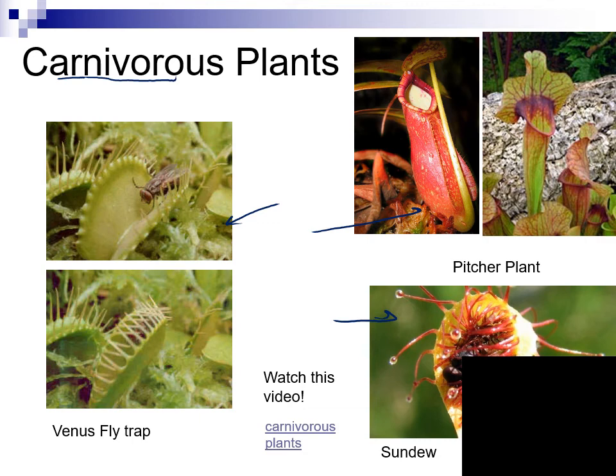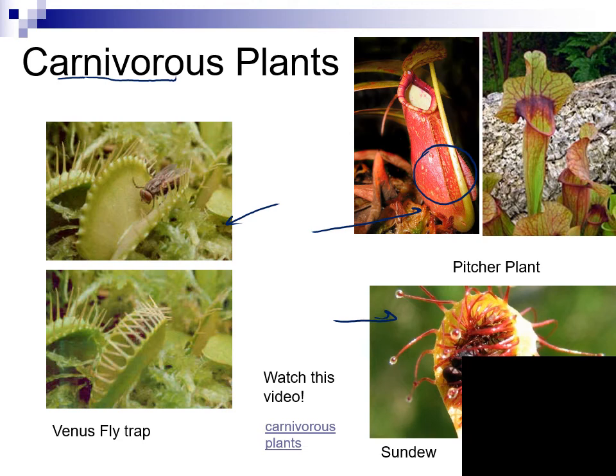So if a fly walks across a Venus flytrap leaf, it's going to close up, produce enzymes, break it down, use the minerals, and put the rest back into the soil. In a pitcher plant, down in the bottom here, this is just an adapted leaf. There's a lot of enzymes. It smells good to flies and so forth, so they crawl in there and then they get stuck in those enzymes and get digested.